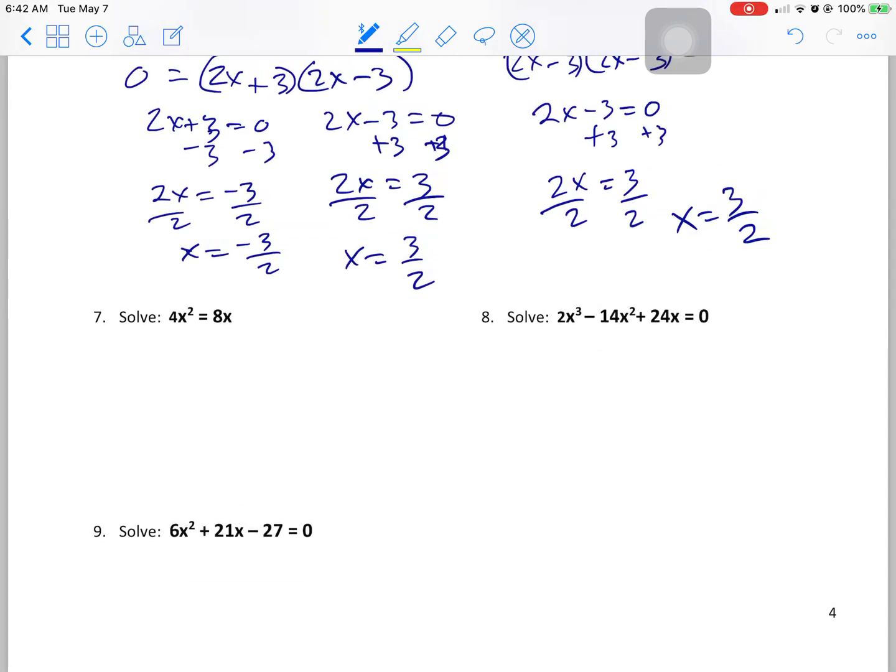All right, this one looks weird, but it's a quadratic, which means we want to put everything on one side and get 0 on the other side. Now that's 2 terms, but it doesn't look like a perfect square minus a perfect square, but don't forget you're supposed to take out your GCF. Take out your GCF, what's left?